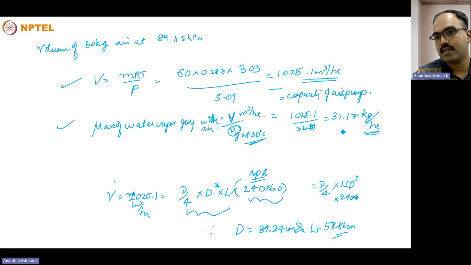Using this volume flow rate and dividing it by the specific volume of the gas at 30 degrees Celsius, we can get the mass of the water vapor going with the air, that is 31.2. Then equating this volume flow rate with the dimensions and the revolution per hour of the vacuum pump, we can get the dimensions as well. That will be facilitating this much volume flow rate.